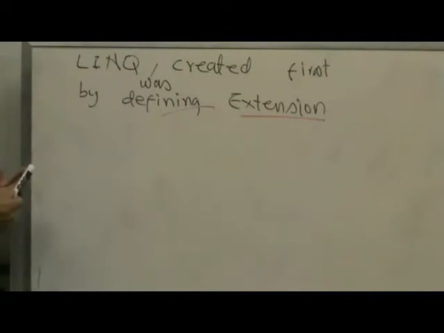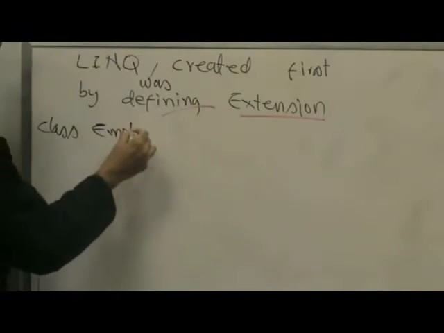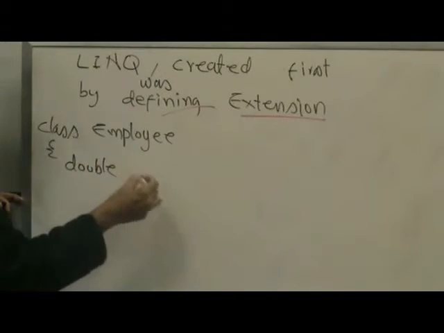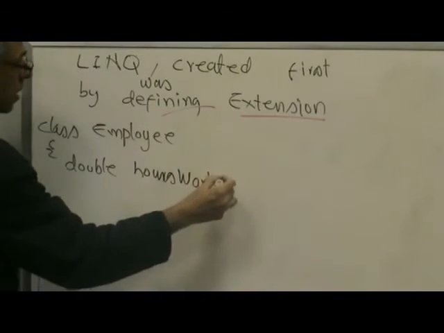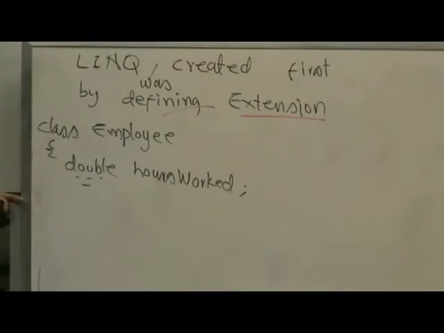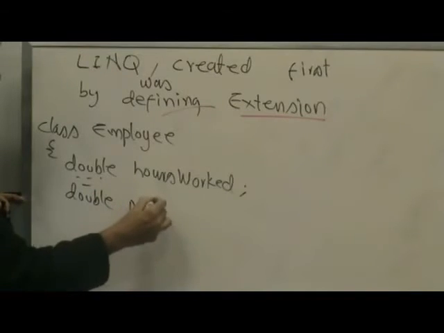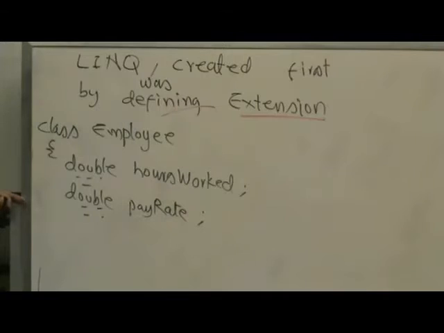Okay, so let's pretend we have a class called, let me give you a simple example, Employee. It has double hoursWorked, and the corresponding property. It has a double payRate and the corresponding property, right?